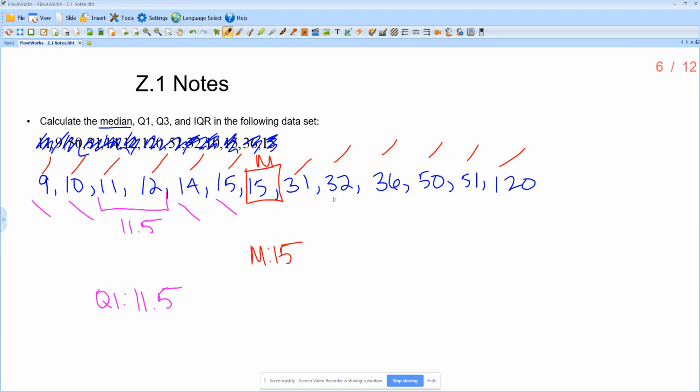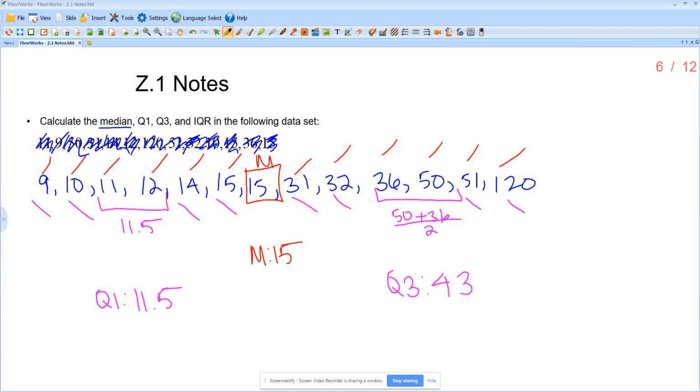On the other hand, if I'm looking here for Q3, Q3 is going to fall between these two numbers, which is going to give me, I guess I don't want to add that in my head, 86 divided by 2, so 43.